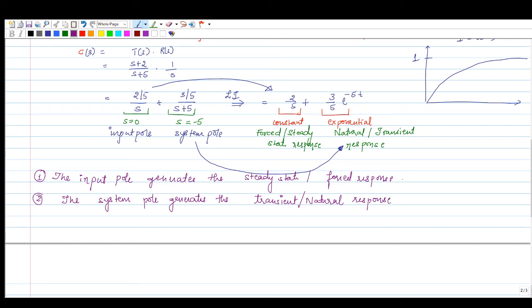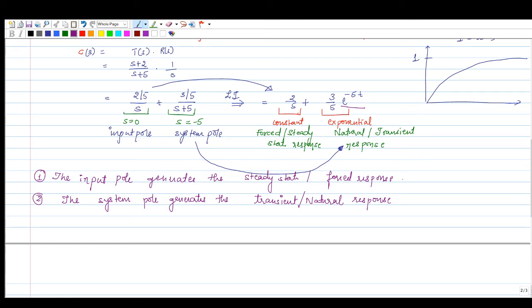So if you change the input pole, like s is equal to 0 is the input pole here, and if you make it s is equal to 1, it will not have much effect on the exponential term. It will not affect this exponential term, but there might be a change in the amplitude.